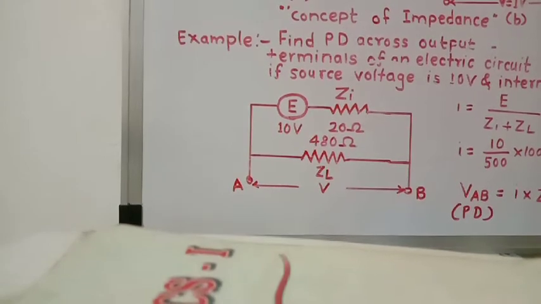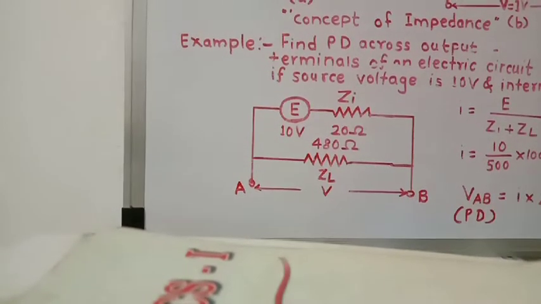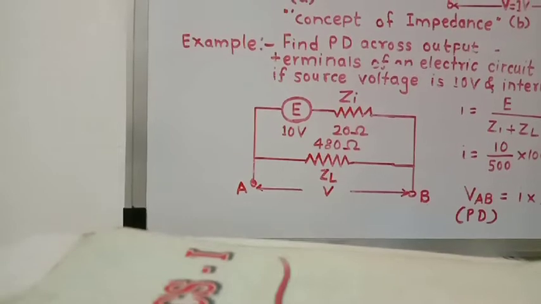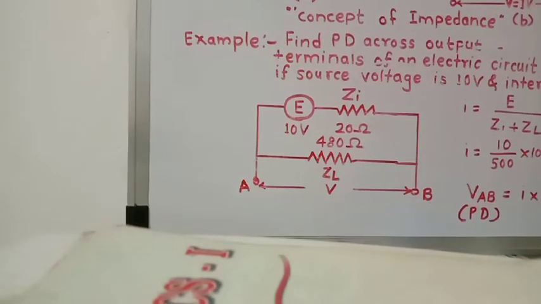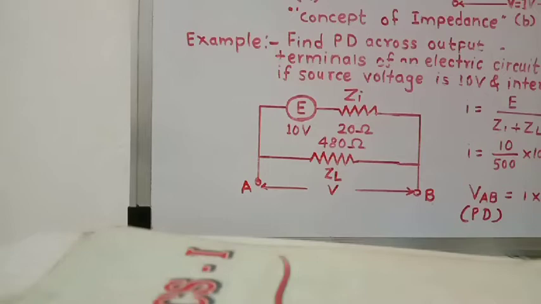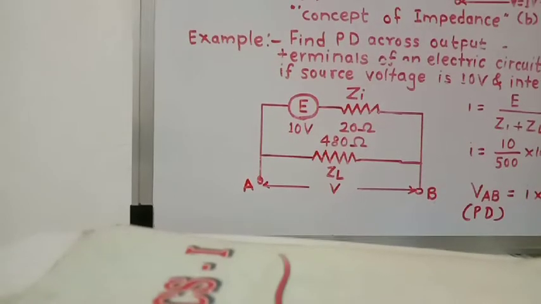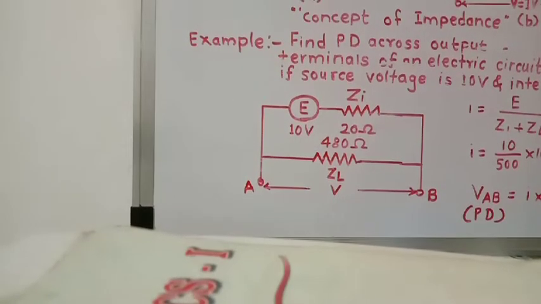We get exactly 1.5 volt. If load is not connected across its output terminals, then we get exactly 1.5 volt. That is the potential difference. Potential difference is 1.5 volt.